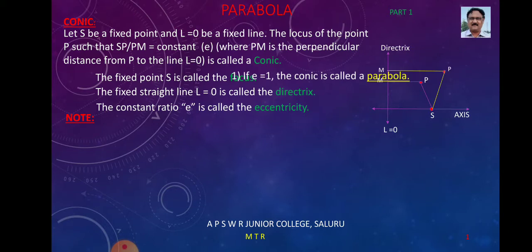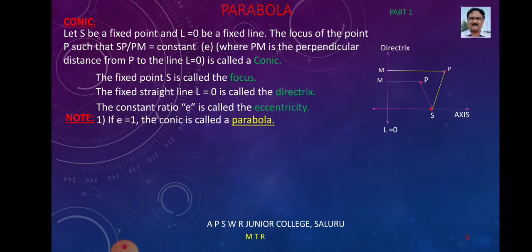If the value E is equal to 1, the conic is called a parabola. That means SP by PM is equal to 1, that is, SP is equal to PM, and the locus of P is called the parabola. If E lies between 0 and 1, that is 0 < E < 1, the conic is called an ellipse.